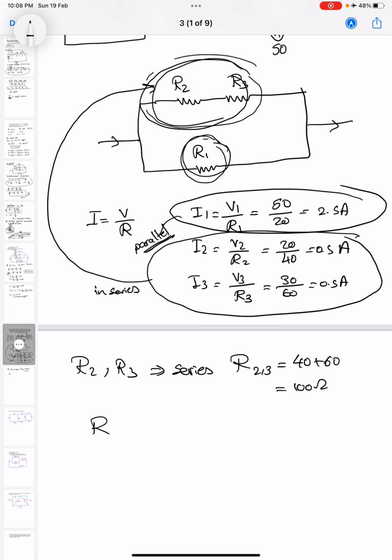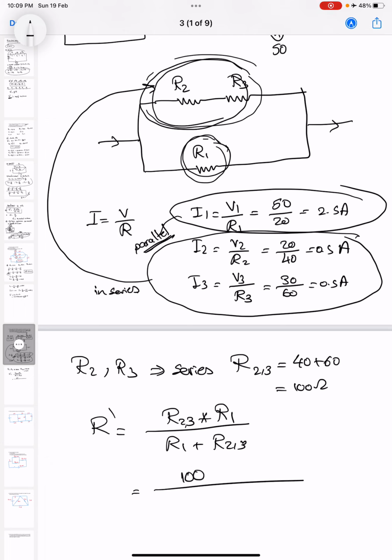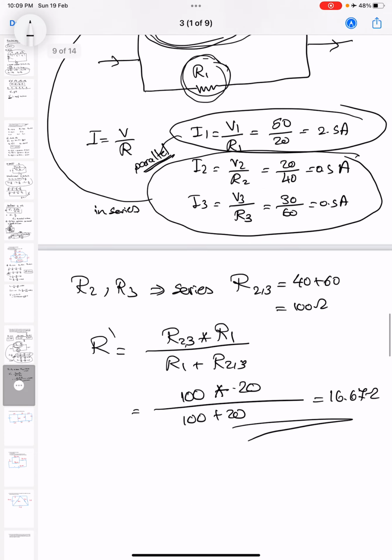So R total equals R23 times R1 divide by R1 plus R23, equals 100 times 20 divide by 100 plus 20, equals 16.67 ohm. This is the total resistance. Okay?